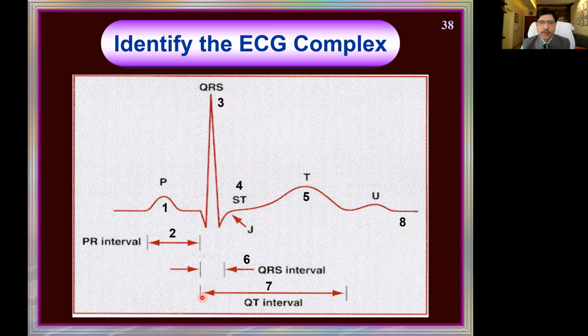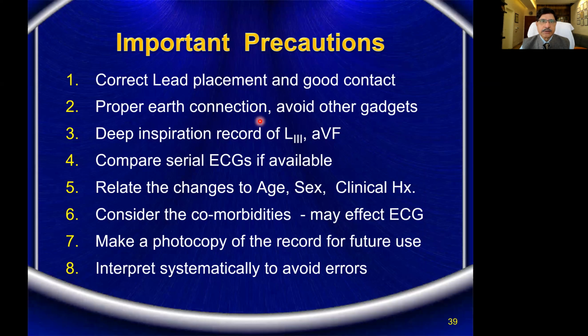We learned that the QT interval is 0.4 seconds and the cardiac cycle is 0.8 seconds. So half of the cardiac cycle, or half of the RR interval, should be the QT interval, and it is rate dependent, so we need to adjust it.